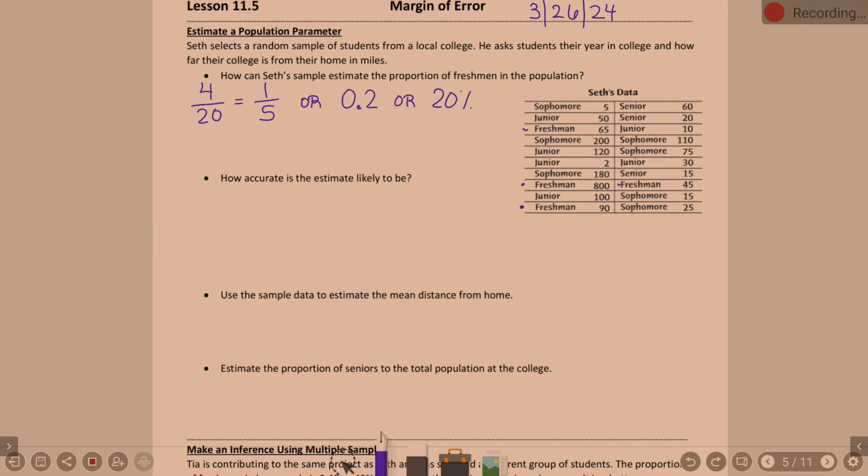So I'm just going to write a note here: to find the proportion of freshmen in the sample to represent the population.